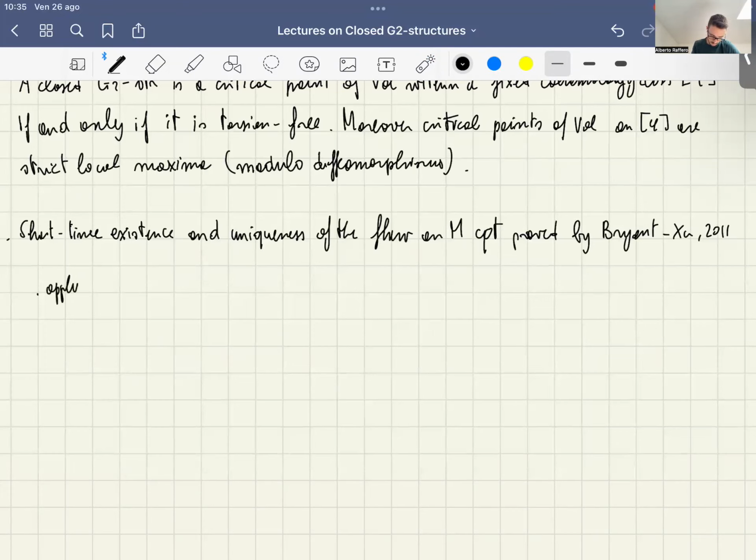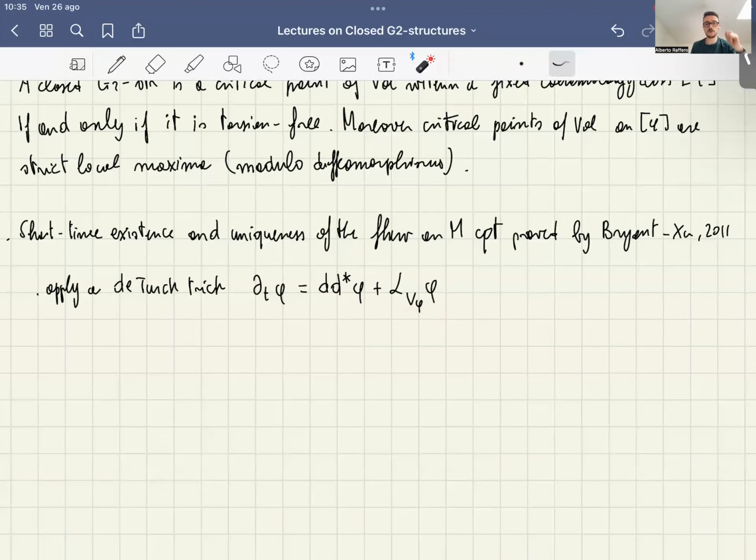First, you apply the DeTurck trick to the flow equation. And so in particular, you consider the evolution. Let me omit the dependence on time for the various forms we have. So you will have d over dt of phi plus the Lie derivative of phi with respect to a suitable vector field that depends in a suitable way on phi.